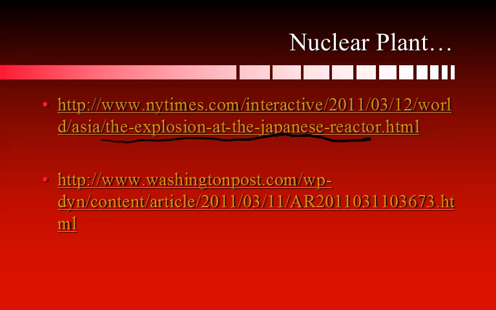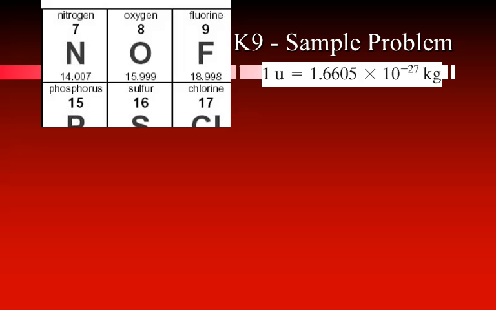Essentially what happened there directly relates to what we're talking about with the ideal gas law, where you have pressure building up so much, and it's contained, and then when it can't be contained anymore, it's open to the outside, and those radioactive particles are released into the atmosphere and get on substances, and it can be pretty yucky. So it's important to consider the gas laws for a lot of different things, including safety with nuclear reactors.